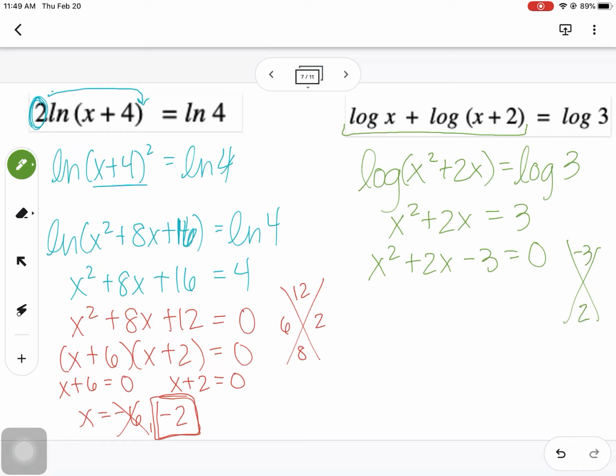Anything I give you is going to be factorable because I'm focusing on testing your logs, not just testing your quadratic formula. So it's a general rule of thumb. If you can't factor it, try something, check your work and see what happened. And then again, we'll set them equal to 0. And x equals -3 or +1.